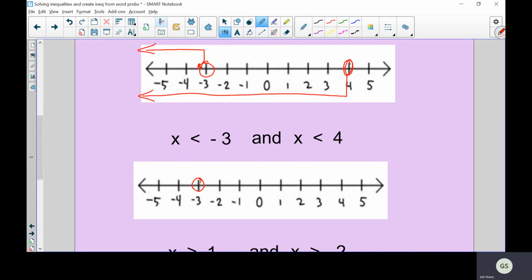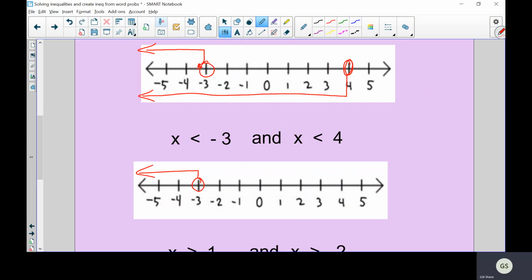Open circle means it wasn't shaded. Whatever the circle is up here, it's pretty much going to be done. So if it's open up there, it needs to stay open down here. So now I could go ahead and say that's my solution, because I have 2 lines. The section where I have shaded twice, or 2 lines, whatever you want to call it. That is your answer, your final graph.